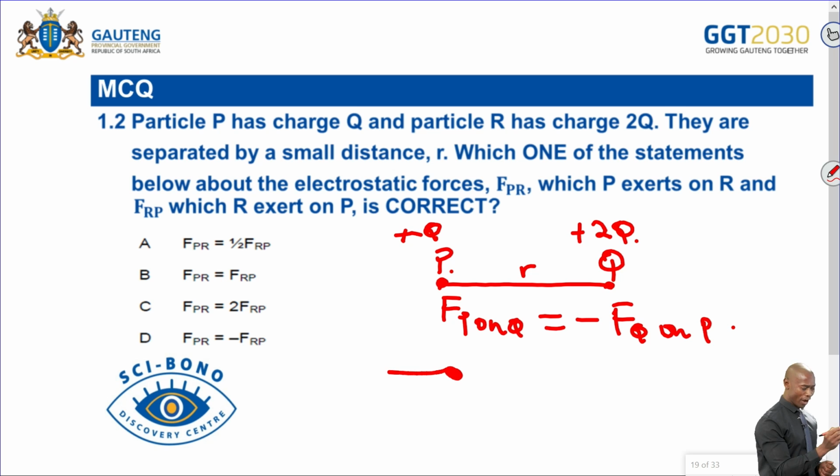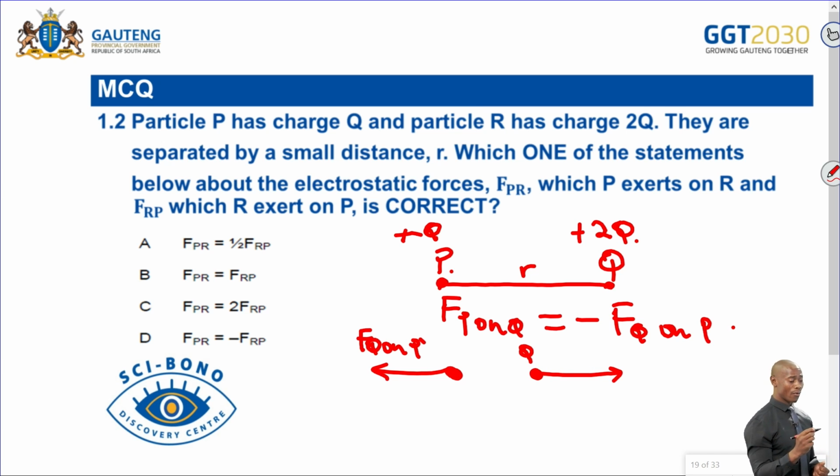So P will move away. This will be the force exerted by Q on P. And then if this dot represents Q, again there is a force of repulsion between P and Q, so Q will move away because of P, which is positive.